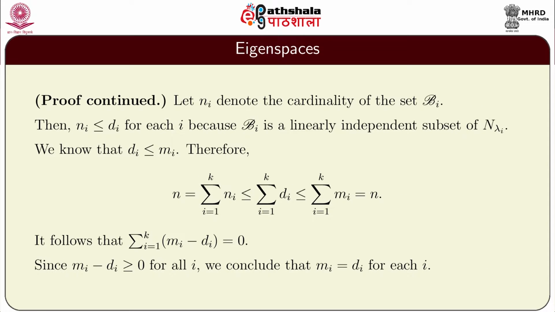Let ni denote the cardinality of the set Bi. Then ni is less than or equal to di for each i, because Bi is a linearly independent subset of E lambda i, and the dimension of E lambda i is the geometric multiplicity of lambda i, that is di.